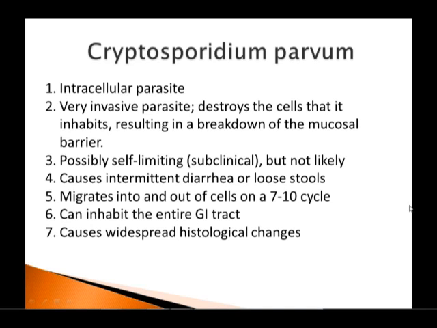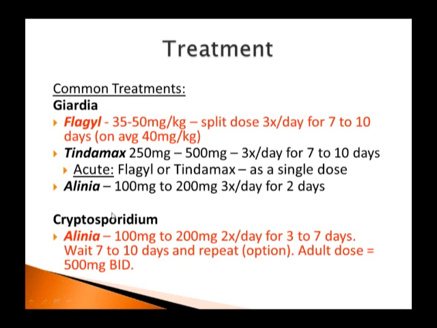Many physicians or many textbooks you read on parasitology talk about Cryptosporidium being self-limiting, i.e. subclinical. If I find it, I'm going to treat it because I think in many people I've seen, it's a festering infection. So it can infect the entire GI tract and cause wide sweeping damage, just like Giardia.